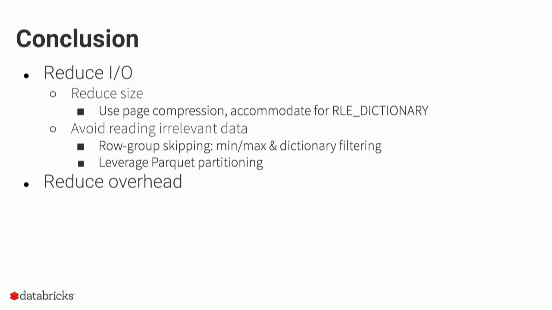We've seen that we should reduce overhead, or at least keep this in mind, by avoiding having many small files, or as the example demonstrated, a couple of very big ones.